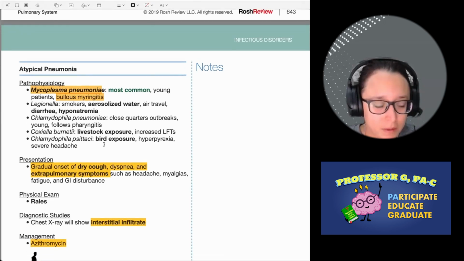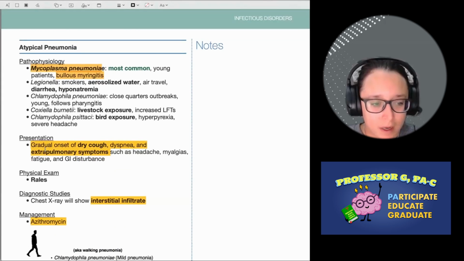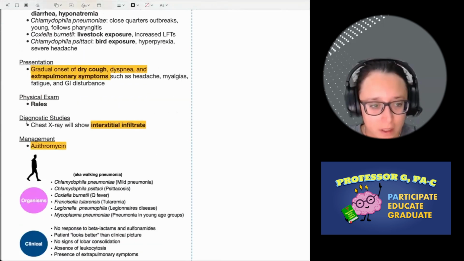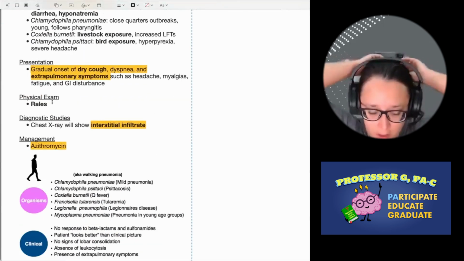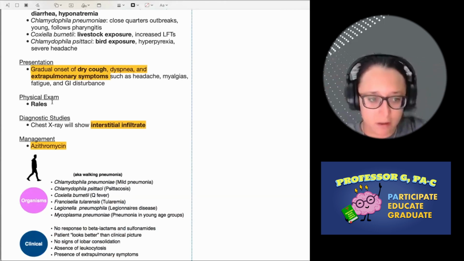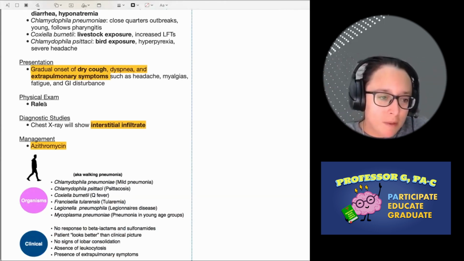And then these are some of the more random ones that we don't see as often. Let's see. Dry cough. We already kind of talked about this. The physical exam, I had a question yesterday about physical exam findings. Like, if you just gave me rales, honestly, it could be a whole bunch of different things.